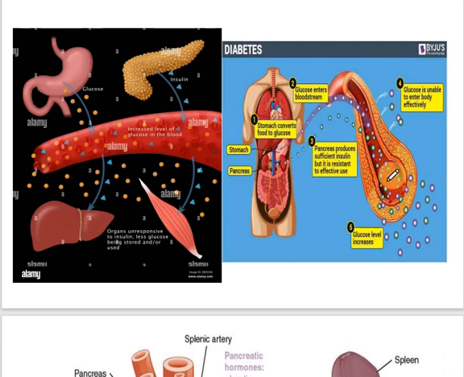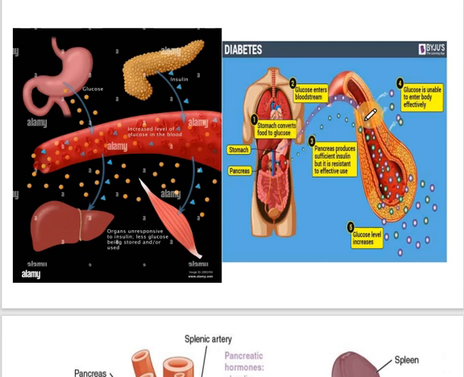Now in the bloodstream, there is going to be an increased level of glucose. When there's an increased level of glucose, that glucose is moved to the various body cells for use.